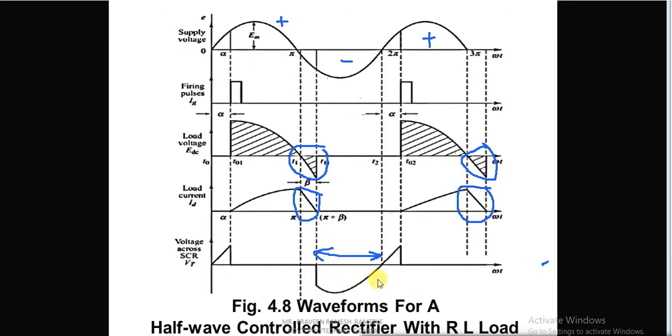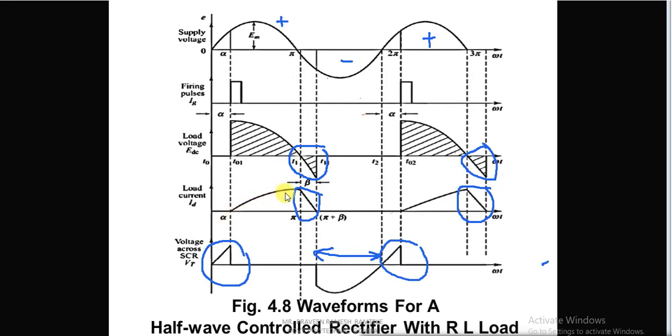This is not across the load. This is the voltage across the SCR when it is reverse biased. And this is the voltage when the SCR is about to be triggered, and the same sequence will get repeated.